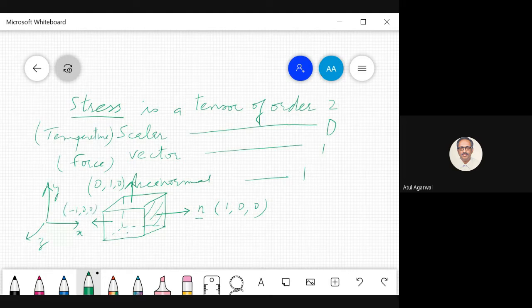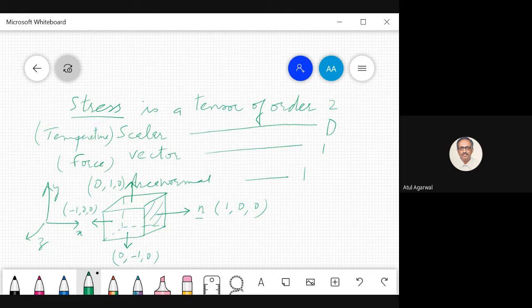This bottom surface has a normal vector 0, minus 1, 0. Similarly, you have got front and back faces. The back face has a normal vector 0, 0, 1. The front face has an outward normal vector 0, 0, minus 1. Any problem with this? No, sir.